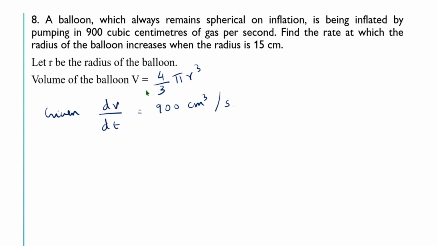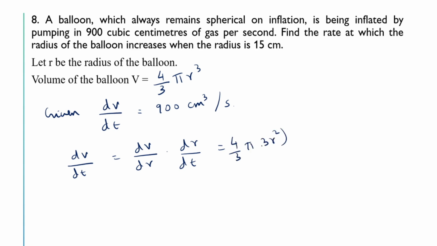So dV by dt we can find from this. dV by dt is equal to dV by dr into dr by dt. So this is equal to, if we differentiate this with respect to r, we get 4 by 3 pi into 3r square into dr by dt, or it is equal to 4 pi r square dr by dt.